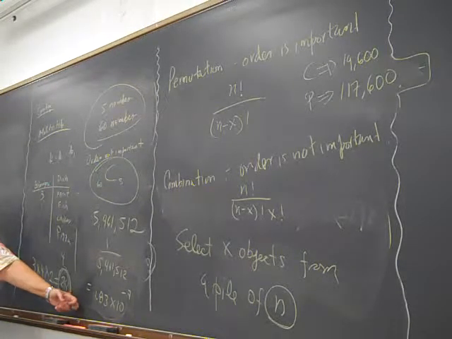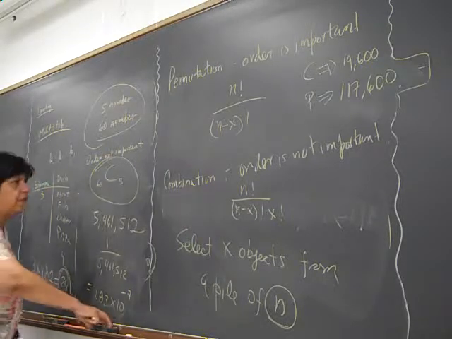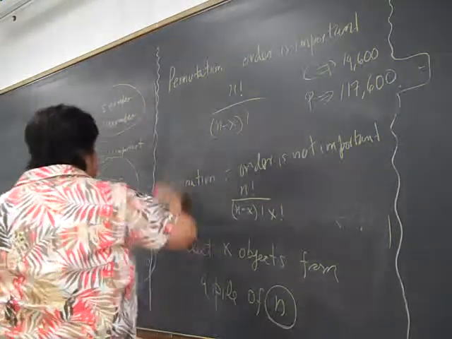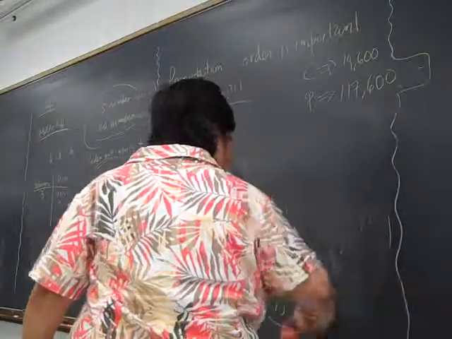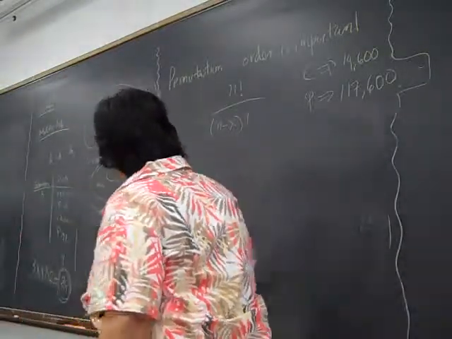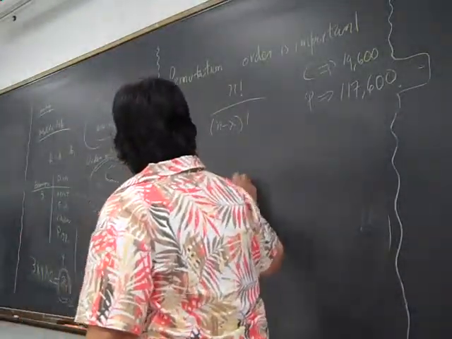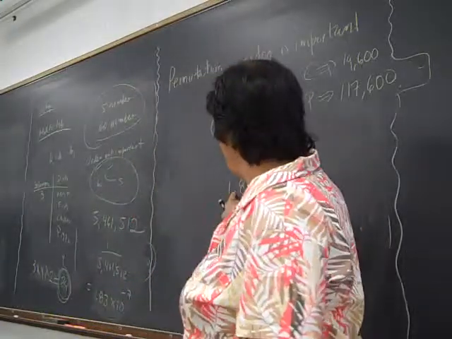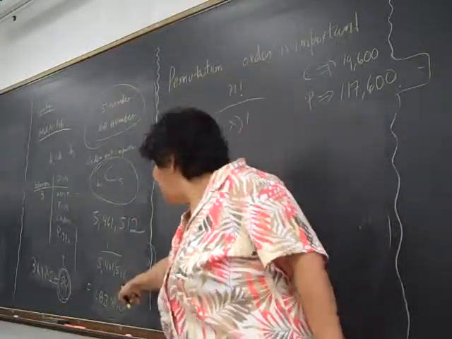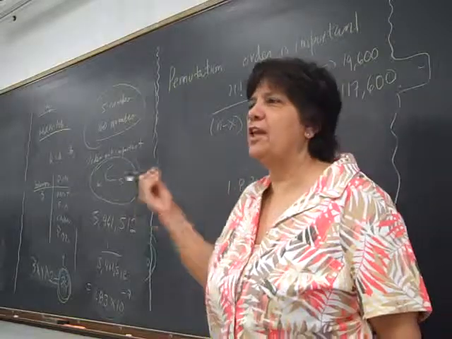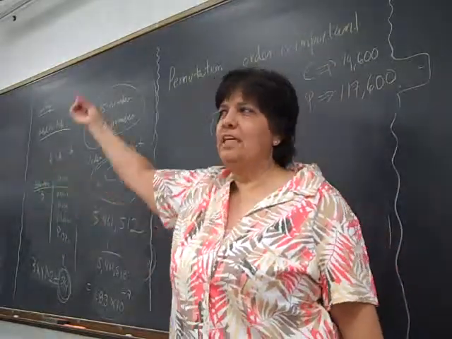Do you know how to handle this number? This minus 7 means what? That you have 1.83 and then you have to move to the left 7 decimal places.